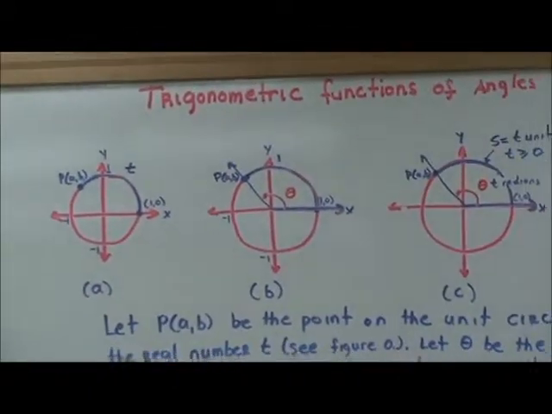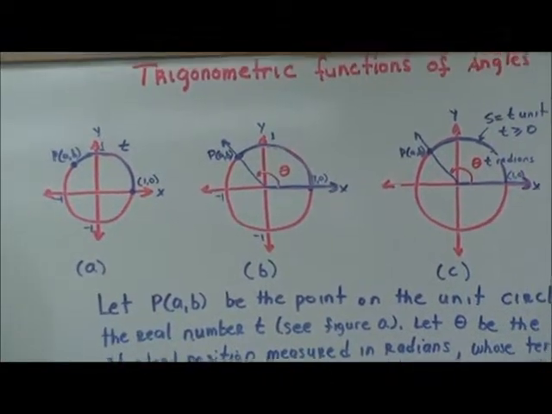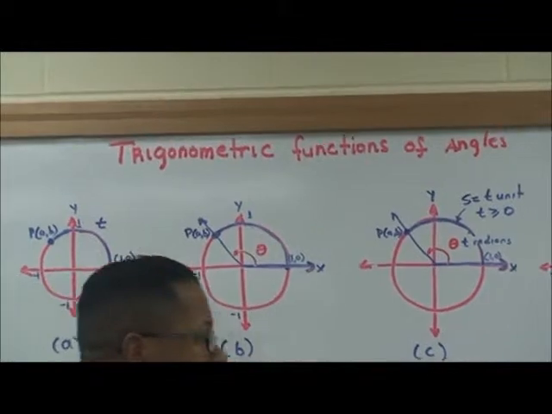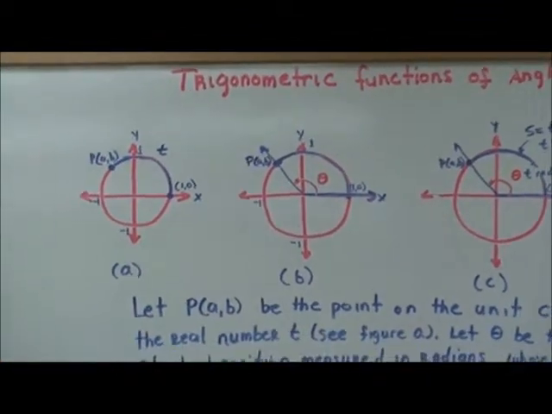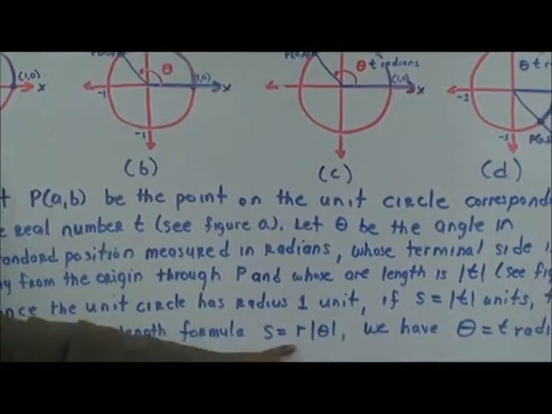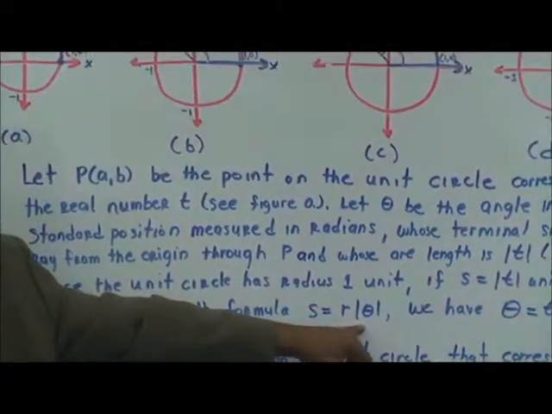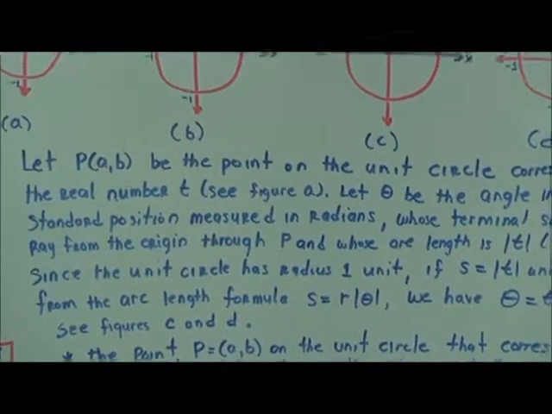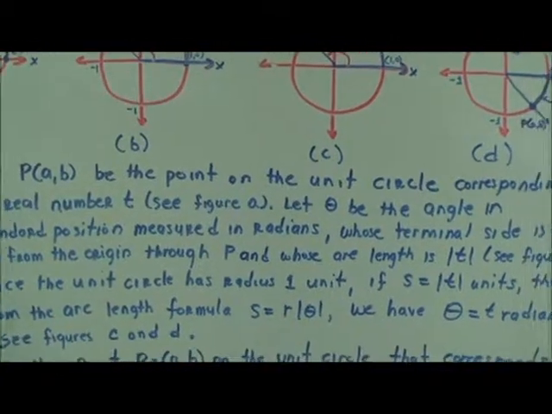And since the unit circle has a radius of 1 unit, and if S is equal to the absolute value of t units, then from the arc length formula, remember this, S is equal to R times the absolute value of theta. So we have theta equal to t radians.